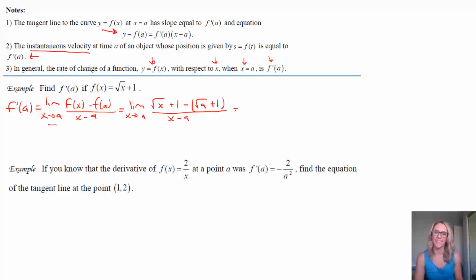What you'll notice in the numerator, which is going to be really helpful to us, is that in the denominator nothing really exciting happens, x minus a. But in the numerator, we have the square root of x plus 1 minus the square root of a plus 1. So we have a plus 1 and a minus 1, which ends up giving us just the square root of x minus the square root of a.